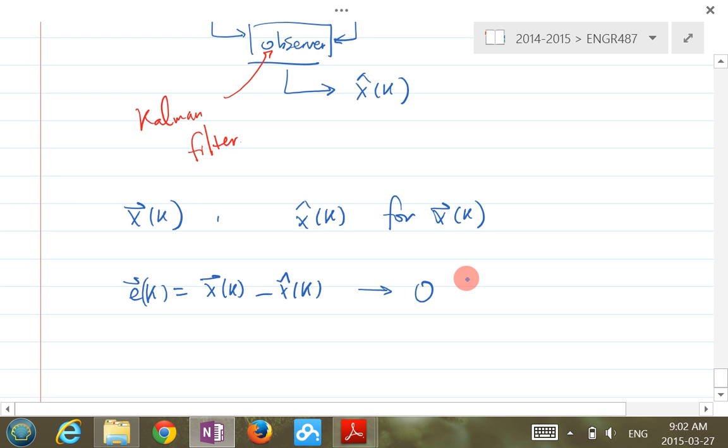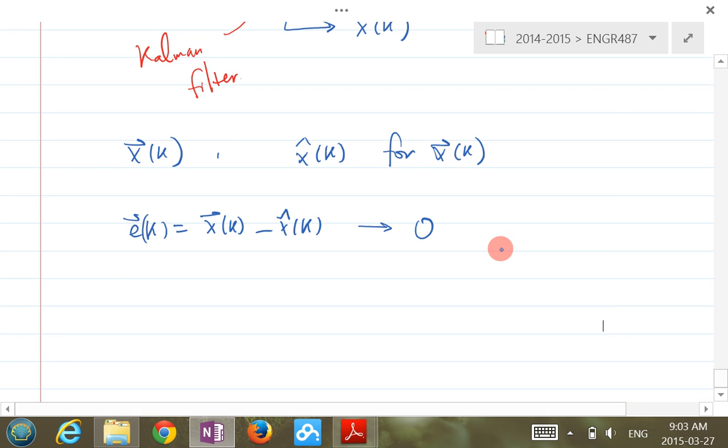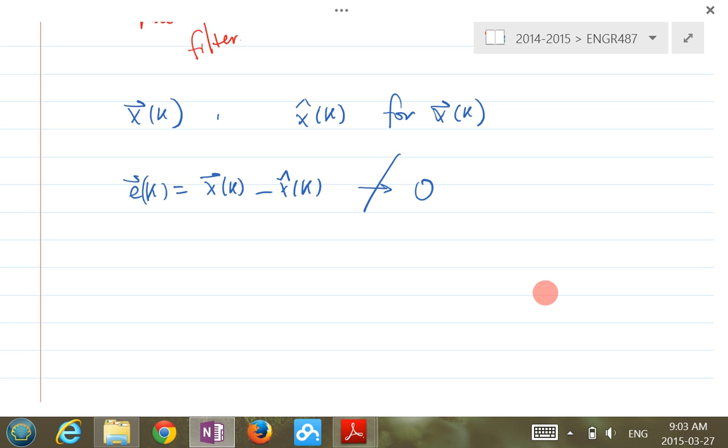It doesn't matter what you do, you're not going to get exactly 0. Why? If this is a stochastic process, then the E is a stochastic process too. So maybe we're not trying to obtain an absolute 0.